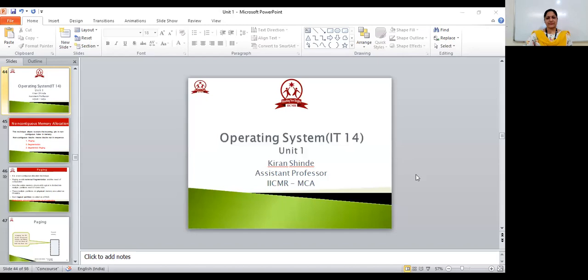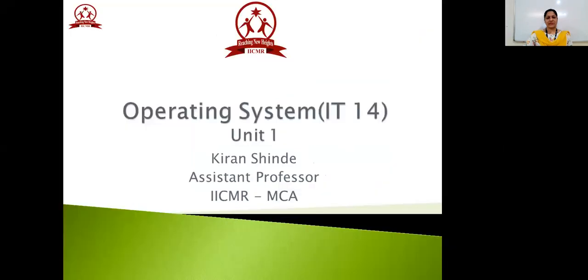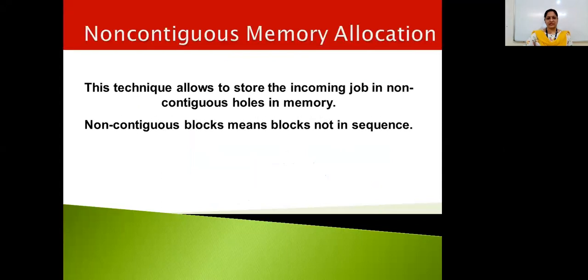As I mentioned, in this video lecture, we will be talking on the non-contiguous memory allocation technique, that is paging. First of all, try to understand what you mean by non-contiguous memory allocation. This technique allows us to store the incoming job in non-contiguous holes in memory. It means whatever memory holes are requested by the process, those memory holes can be available in a scattered manner.